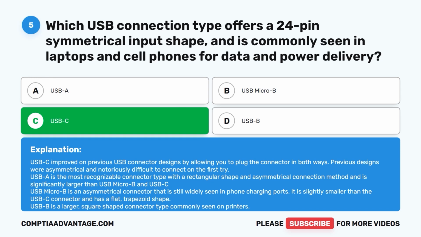USB micro-B is an asymmetrical connector that is still widely seen in phone charging ports. It is slightly smaller than the USB-C connector and has a flat trapezoid shape. USB-B is a larger, square-shaped connector type commonly seen on printers.